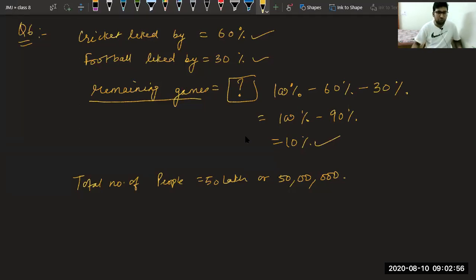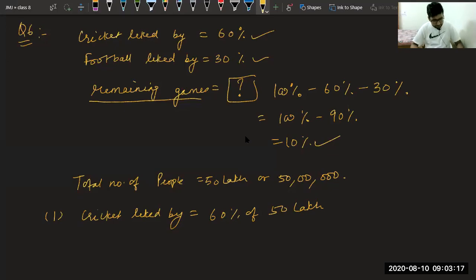So first we will find for cricket. Therefore, cricket liked by, all of you please answer. Cricket is liked by 60% of 50 lakh. Please solve this and tell me the answer.